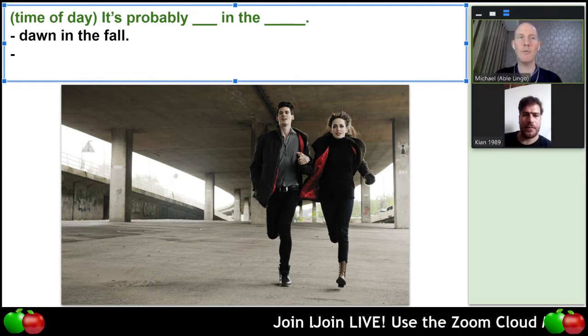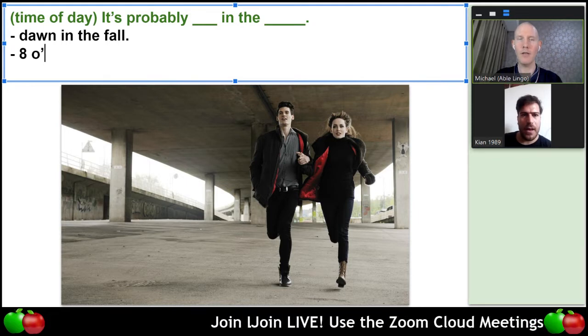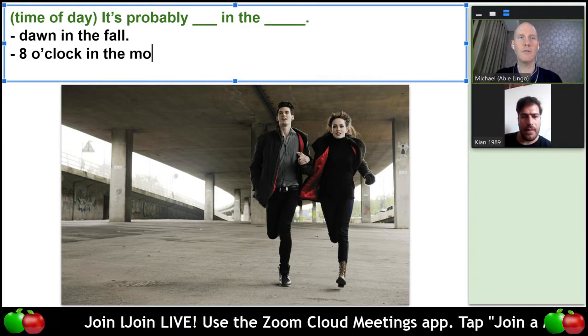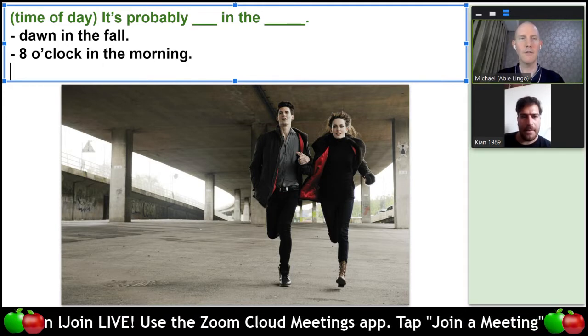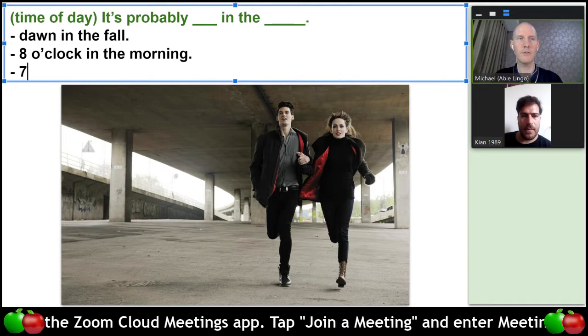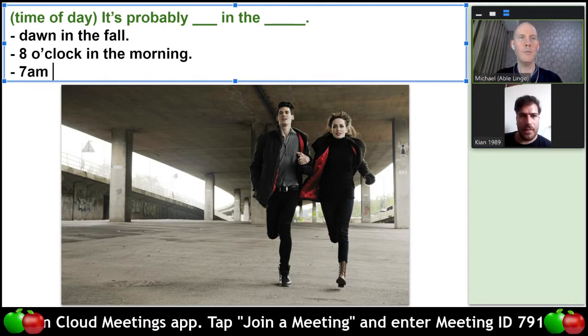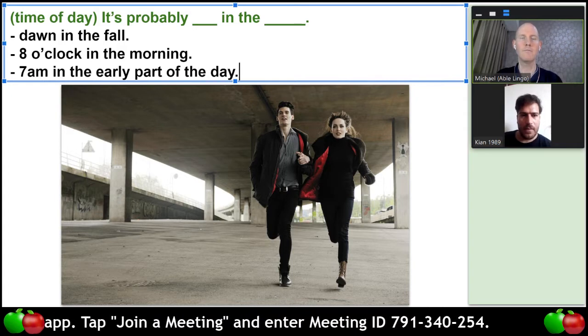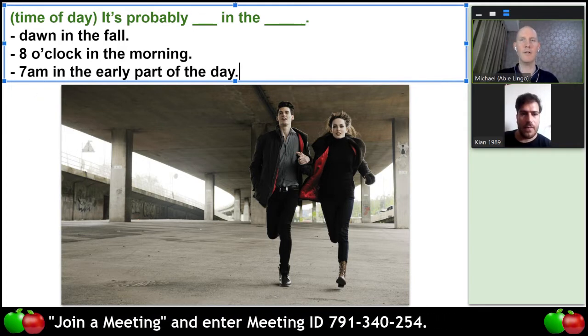We could say it's probably, what, 8 o'clock in the morning? Sure. Or we could say it's probably 7 a.m. in the early part of the day. Yeah, something like that. That works.